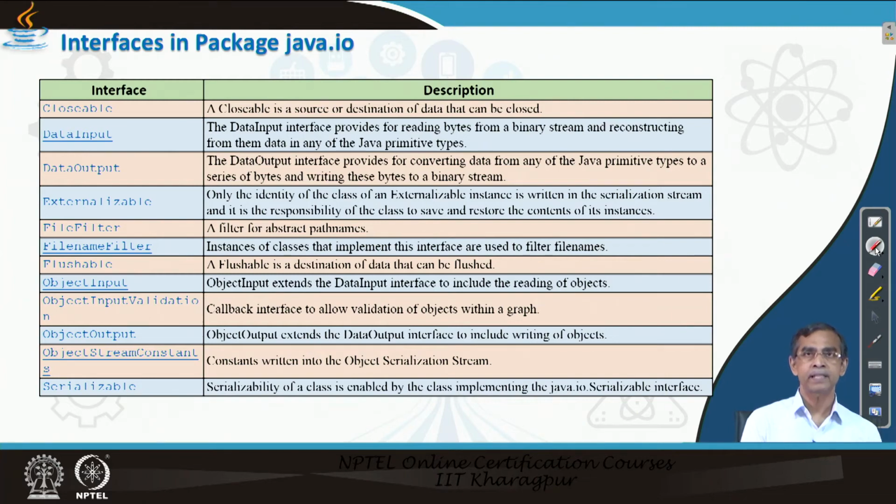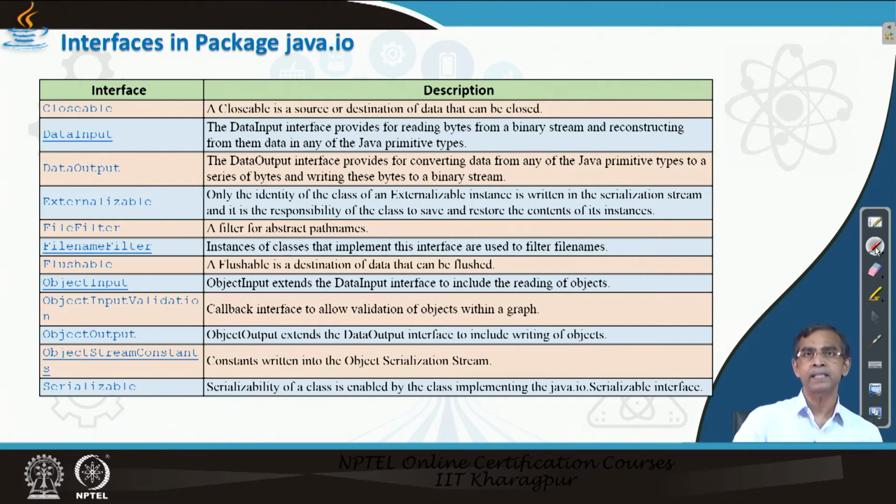As you know, an interface is basically a design plan, and all those interfaces define the methods and their signatures, but the body is not defined. So, only the declarations of the methods are listed in the interface. In some interfaces some fields or constants are defined. All these interfaces are implemented by some classes which we will discuss later on.